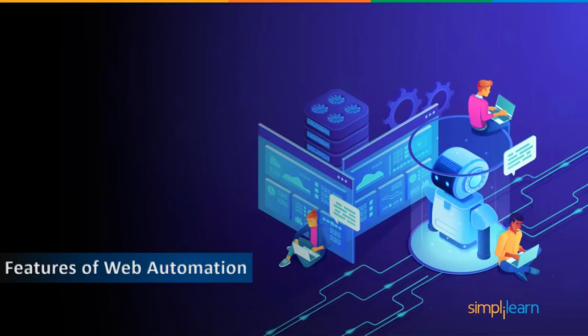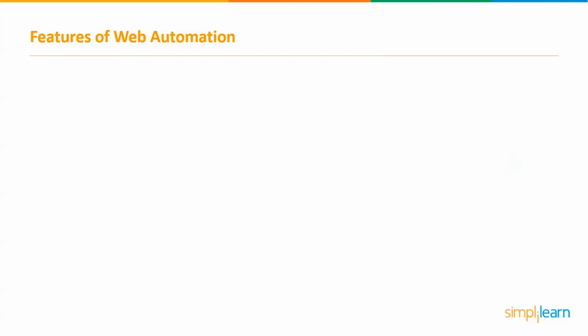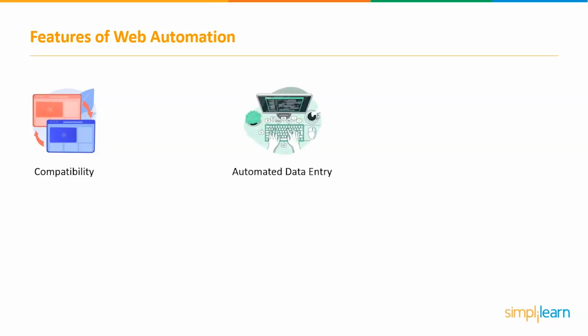Features of web automation in UiPath. UiPath is compatible with all webs. It is compatible with HTML, Ajax, Java, Silverlight, and PDF. Automated data entry: data entry from an Excel spreadsheet to a website can be automated in UiPath. It provides simple web testing.